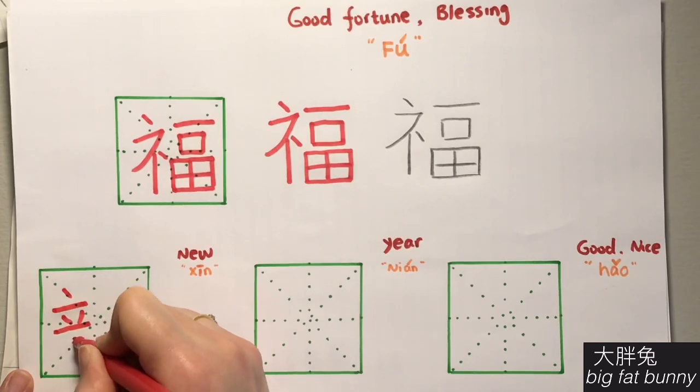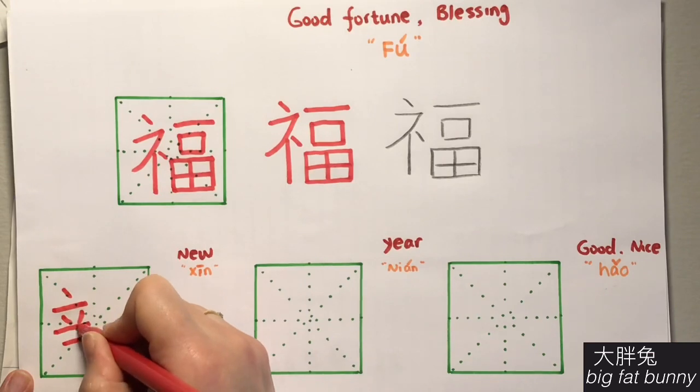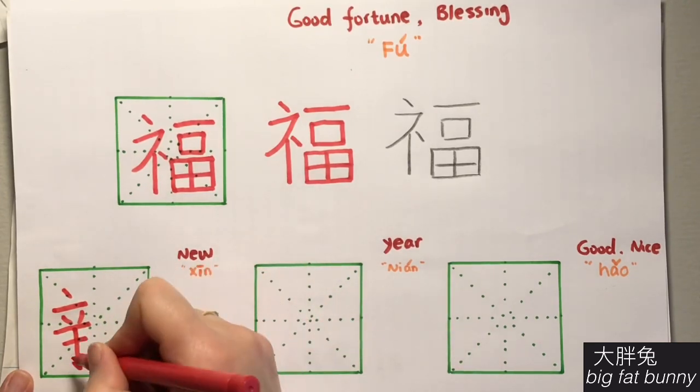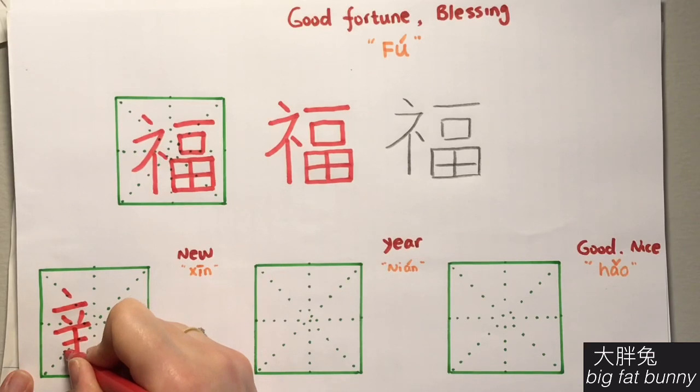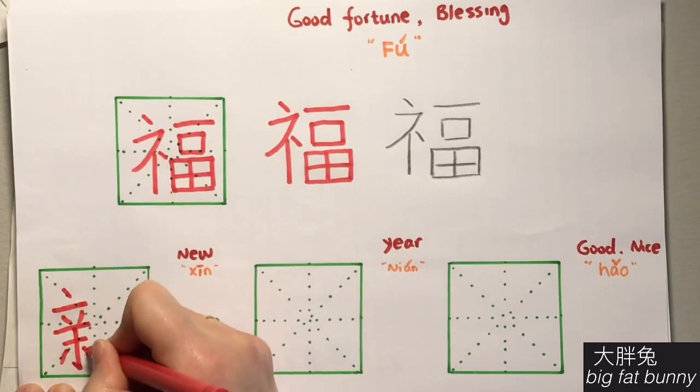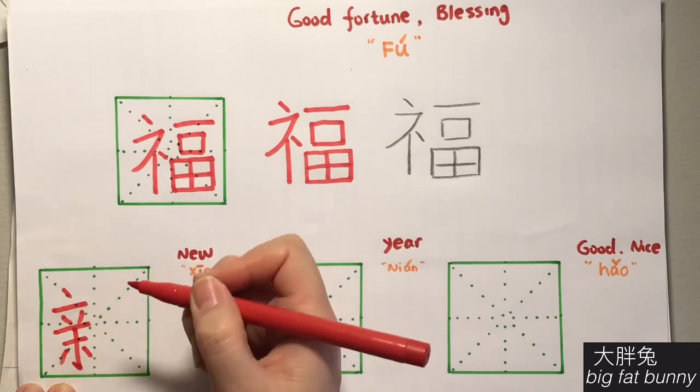Next, the next one is shorter than the middle one. Then this bit, a little tick. Then it looks like two little arms flapping around, like little chicks, two little wings, shall I say.